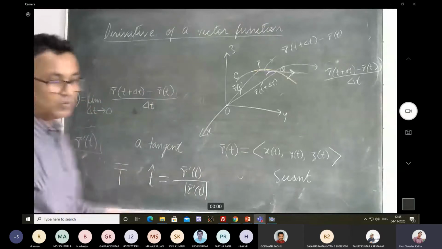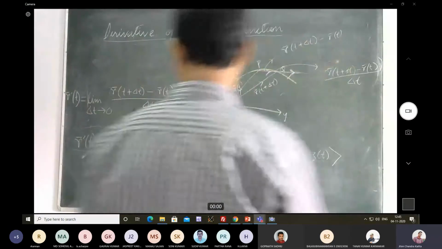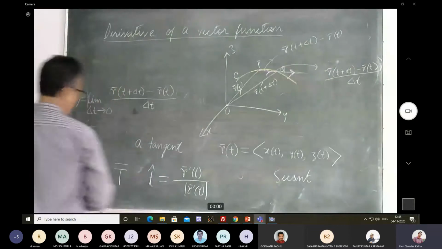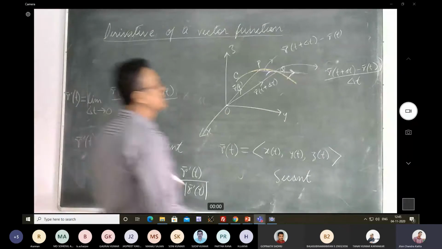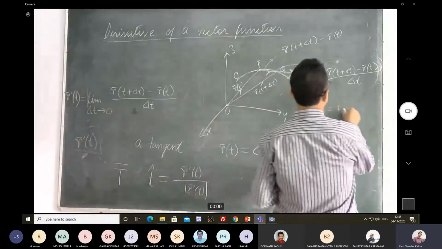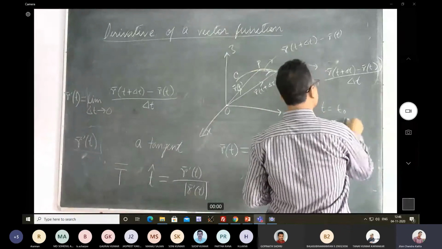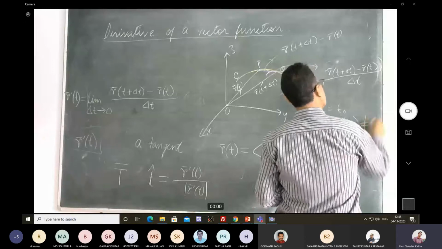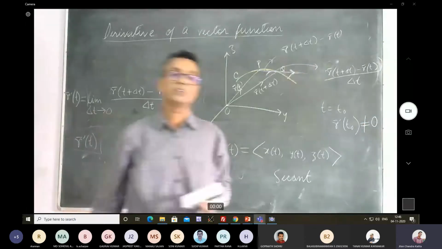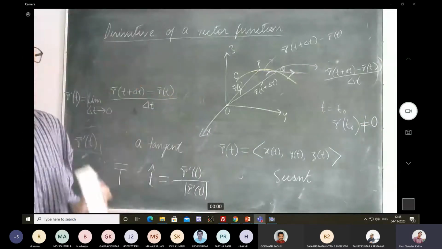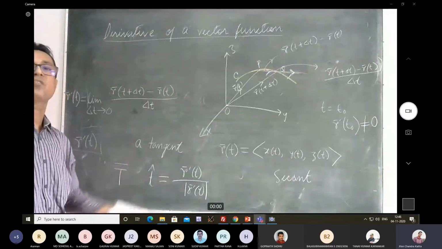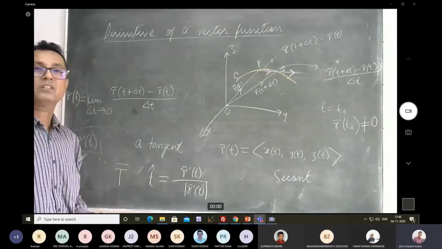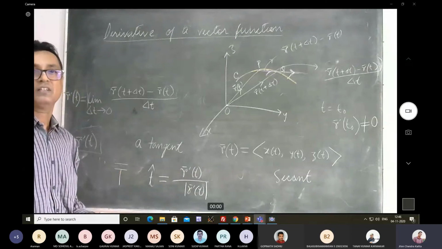Now here there is a condition. For the tangent to exist at a particular point, say t equal to t naught, I would expect the derivative to be non-vanishing there. Remember that has to be there, because if it is a zero vector, it is not going to define any tangent there.